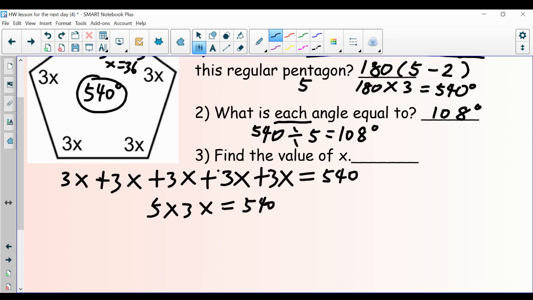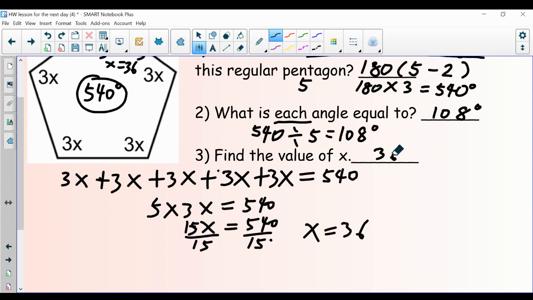Good to go. So 5 times 3 is 15x equals 540. And since it's multiplication, 15x, you divide by 15 on both sides. And I use the calculator. I got x equals 36.